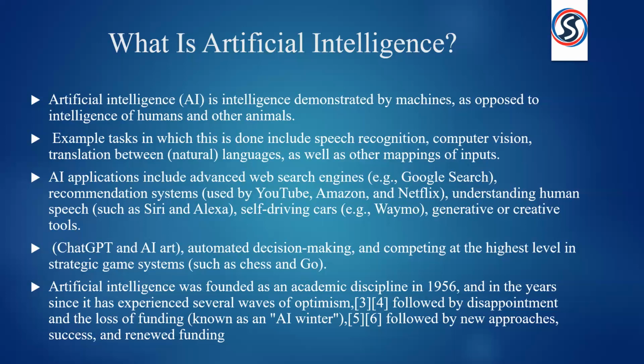AI research has tried many different approaches, including simulating the brain, modeling human problem solving, formal logic, large databases of knowledge, and imitating animal behavior.